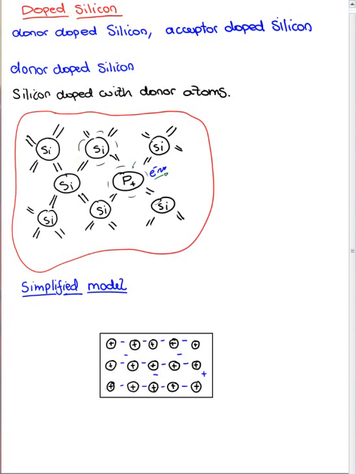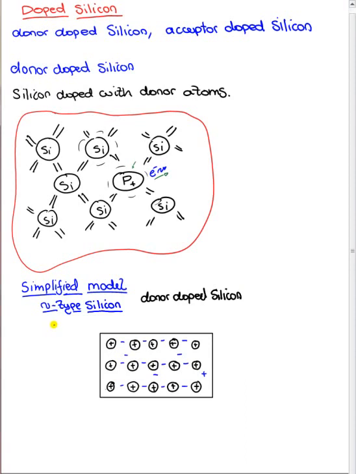So let's write that. And this is the one that we should remember when we're trying to understand things. And then, as we said before, it is donor doped silicon, because phosphorus donates an electron to the intrinsic silicon.